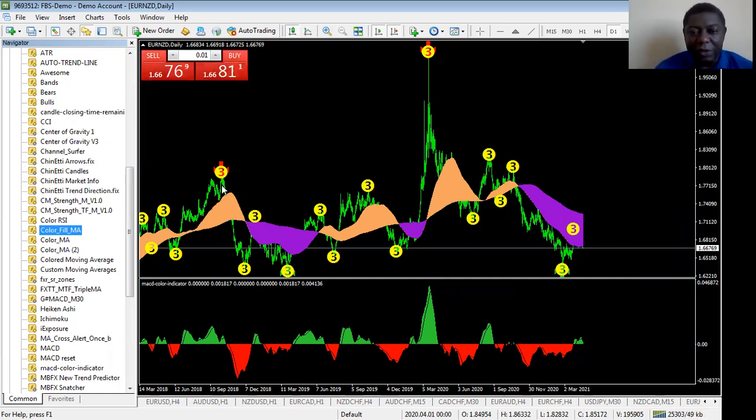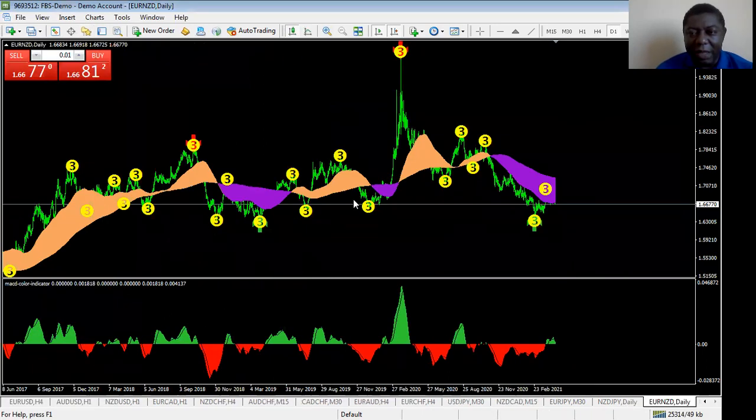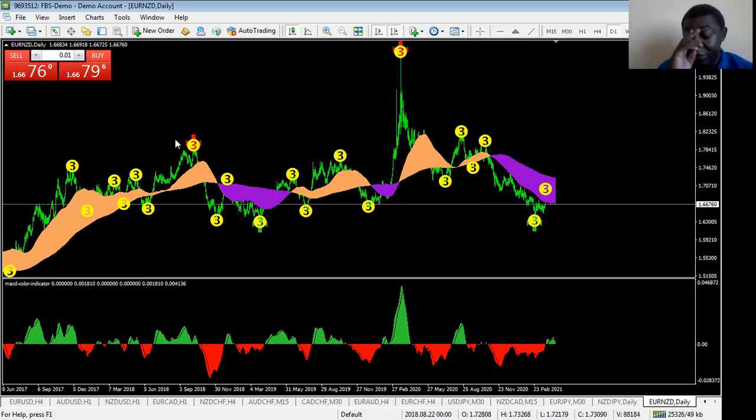The yellow indicator you see here is the MBFX Sniper. I got it from Berkayat. If you have ever heard of Berkayat, he's one guy from Tunisia who created it. It's a very powerful indicator, and I use it in most of my trading.